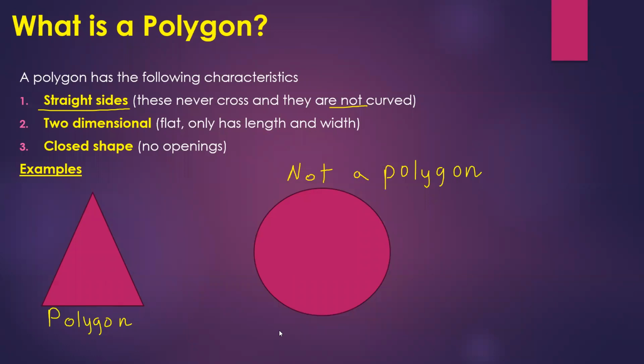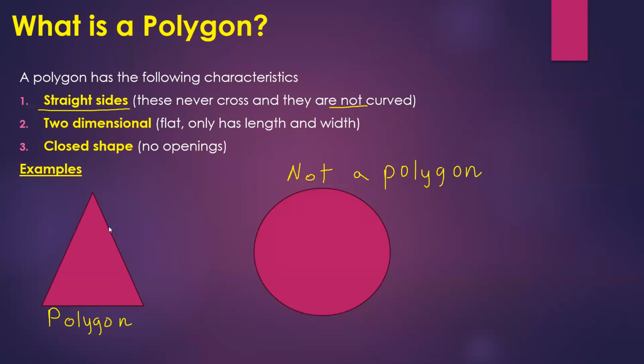Let me ask Alasia. Alasia, why is a circle not a polygon? Because it does not have straight lines. What does it have? Curves. Very good, it has curves, right? So because it has curves and it doesn't have straight lines, then a circle is not considered to be a polygon.